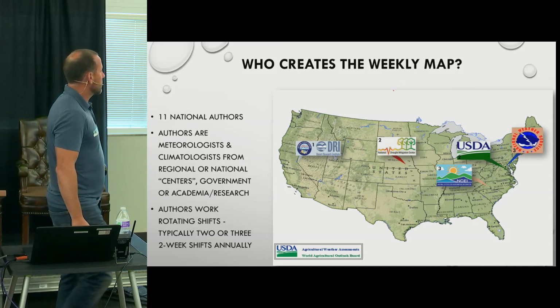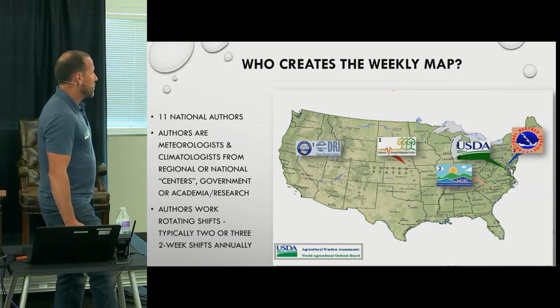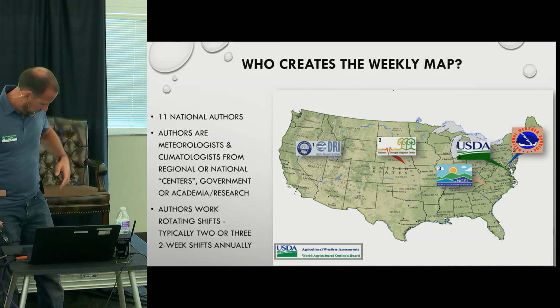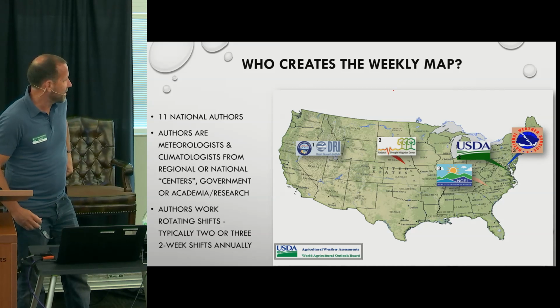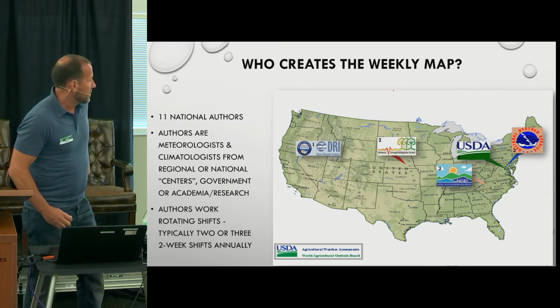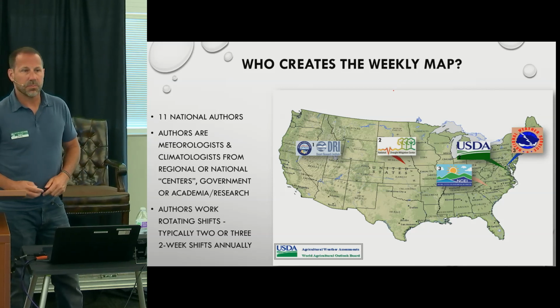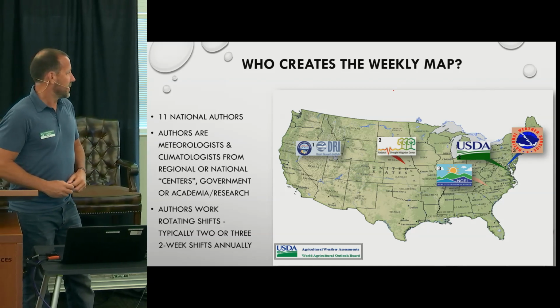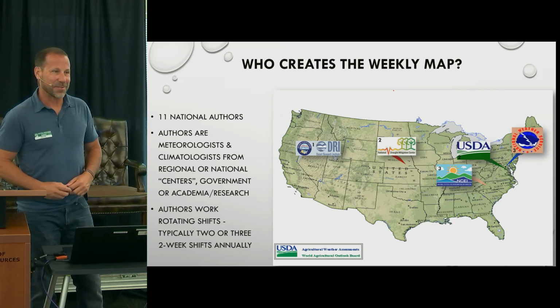And all the authors are climatologists or meteorologists from national centers, government or academia research. And we work 2 or 3 2-week shifts annually producing the Drought Monitor. If we did it any more, I think you'd kind of go crazy. It's quite a bit of work.